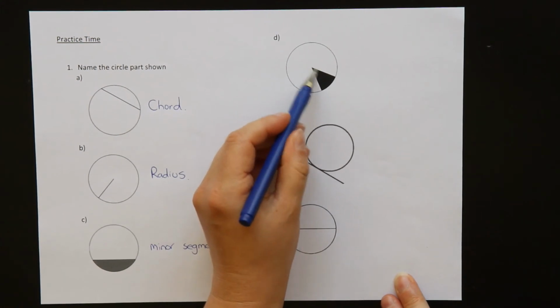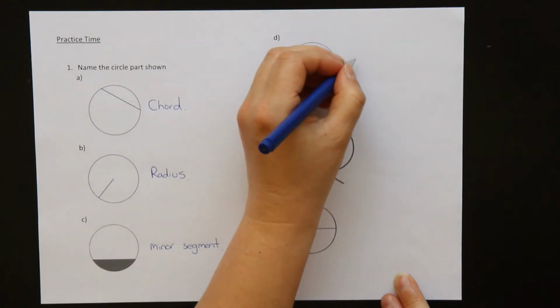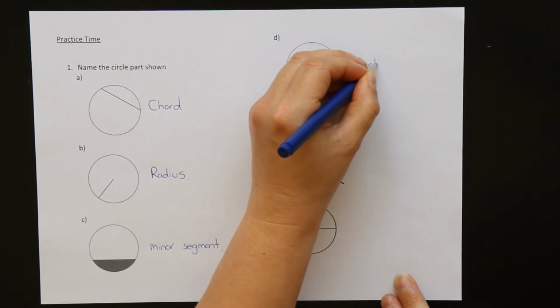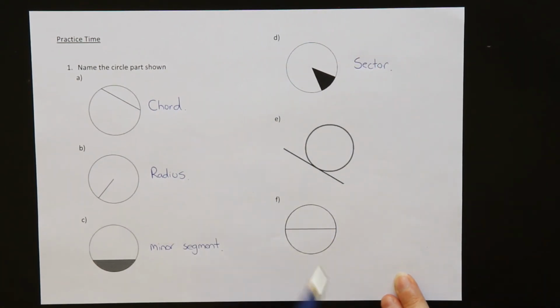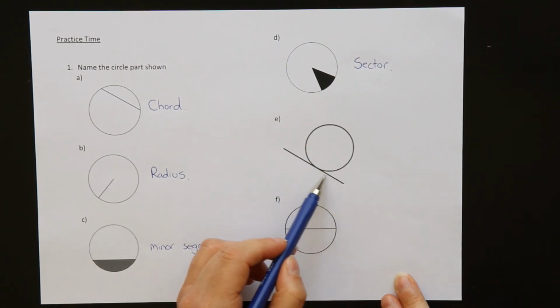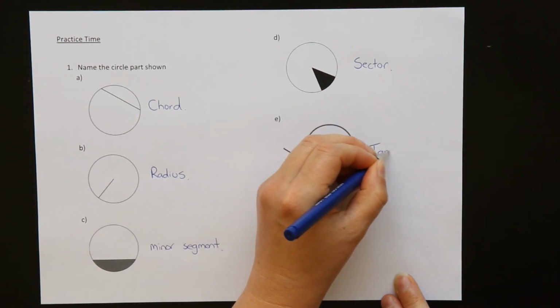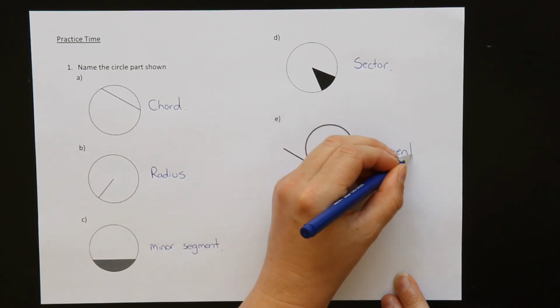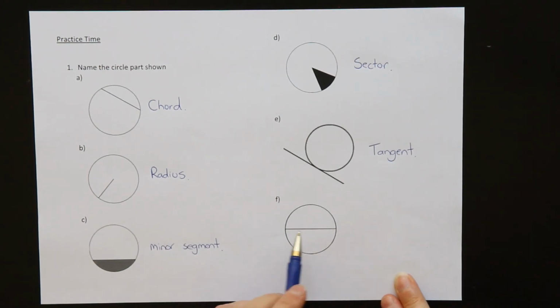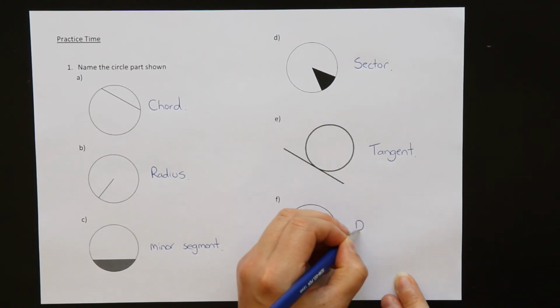Okay, cutting out a little wedge like a piece of pizza is called a sector. A line that touches just at one point across the circle is the tangent. And a line going straight across the middle of a circle is the diameter.